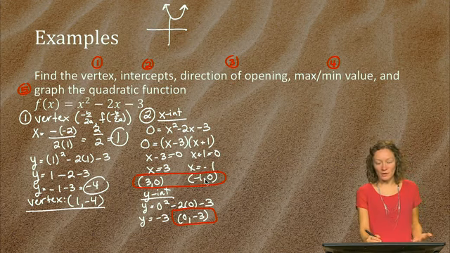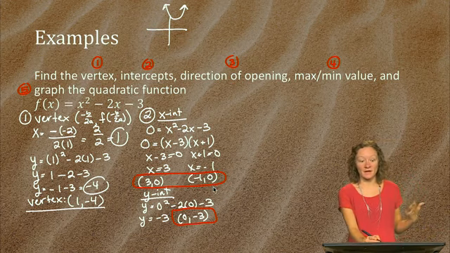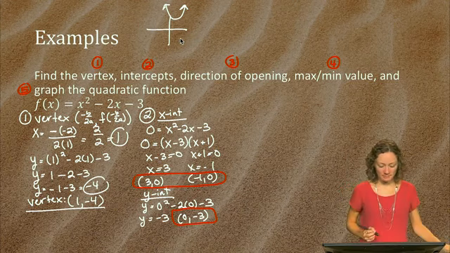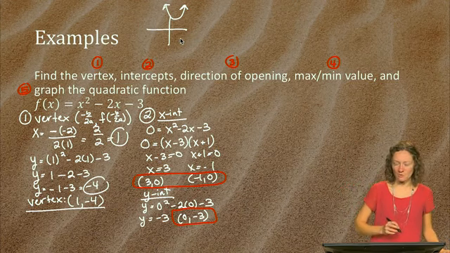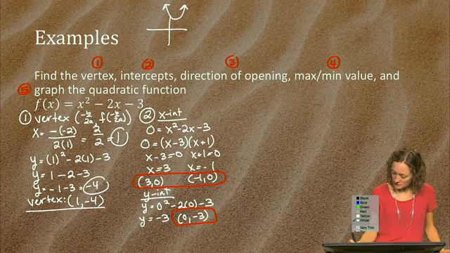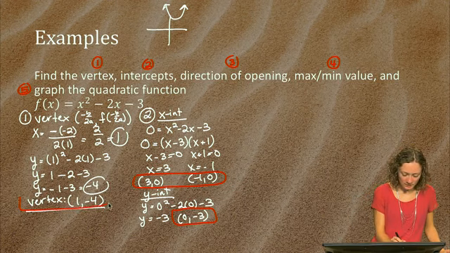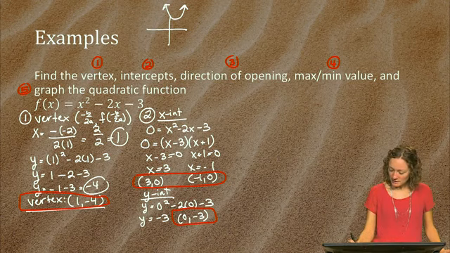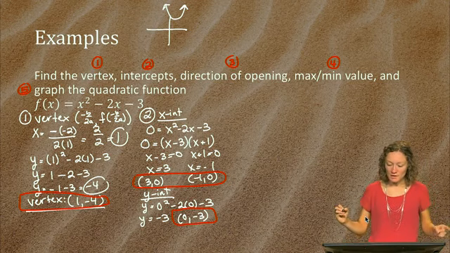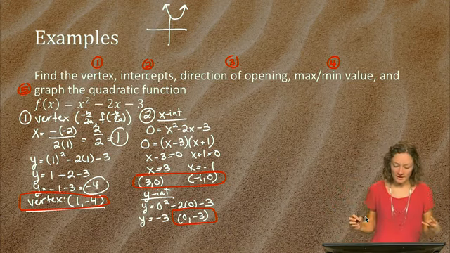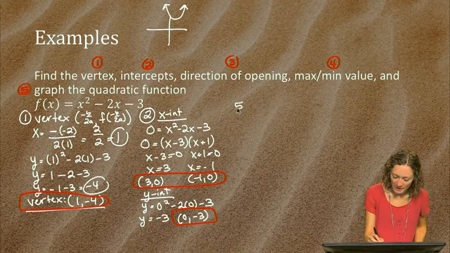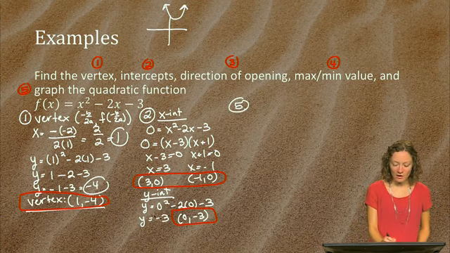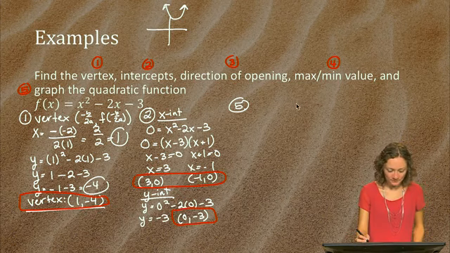So if you get to a point where you can't solve anymore, then that means there are no x-intercepts. You will always have a y-intercept though. Okay, so we have vertex. Am I still on? Good. We have intercepts. We want direction of opening, max min value, and graph. So let's go ahead and do the graph next, especially now that we have all of these points we can plot.